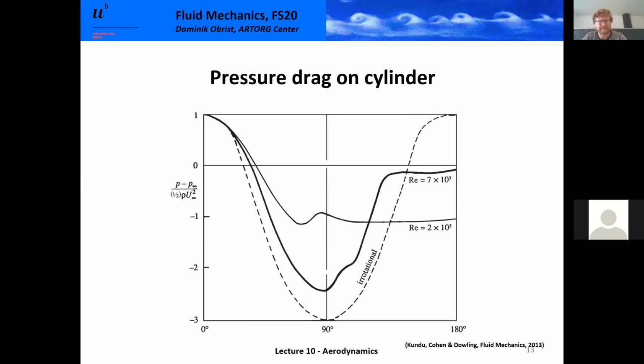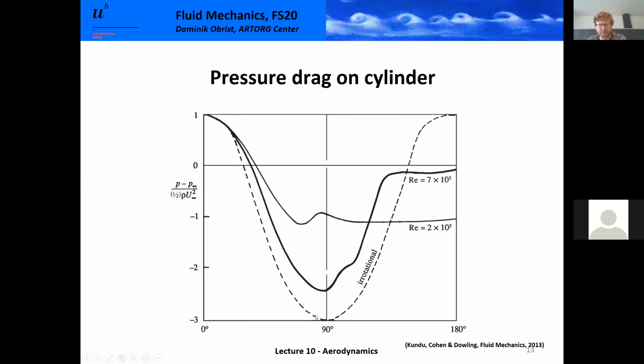And we see that the pressure, so here on the ordinate, we have the pressure. On the 0 degree, this is like the leading edge of the cylinder. We have a maximum pressure. That's like the stagnation point on the upstream side. And then as we go to the thickest part of the cylinder, so sideways, we have an accelerated flow.